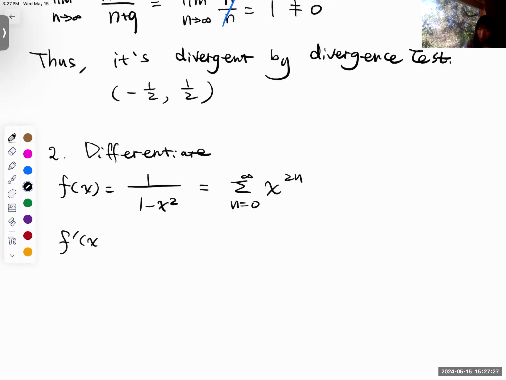And we differentiate. So we have the summation n equal to 1 to positive infinity. We drop the power and reduce it by 1. So 2n times x to the 2n minus 1, right? That's it. Okay.